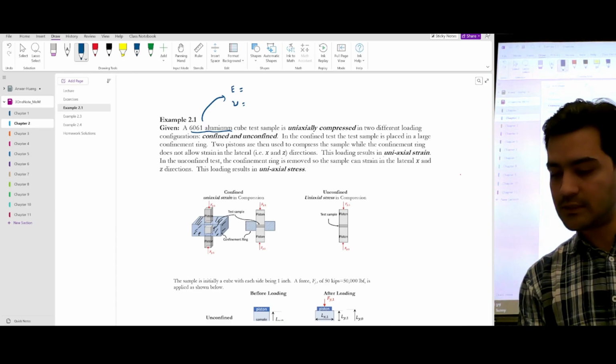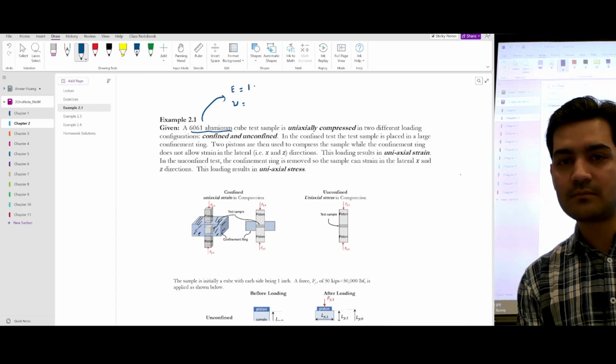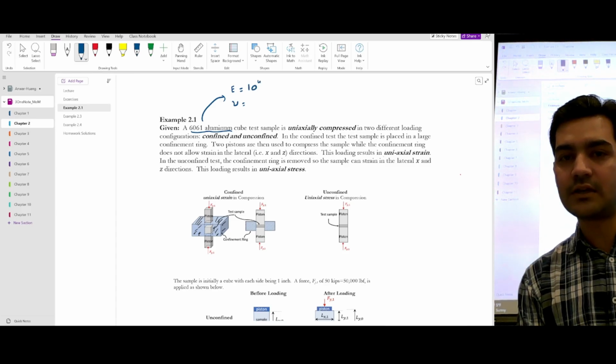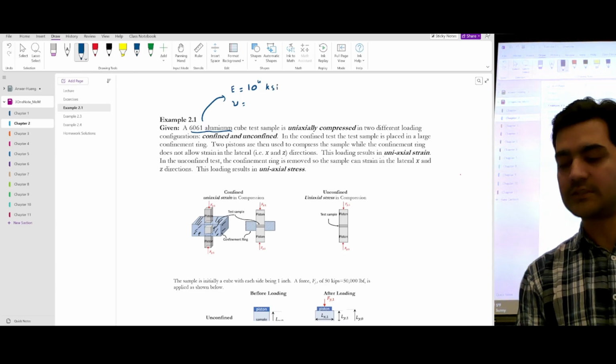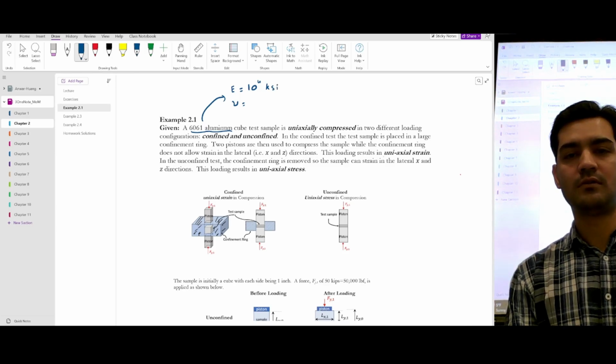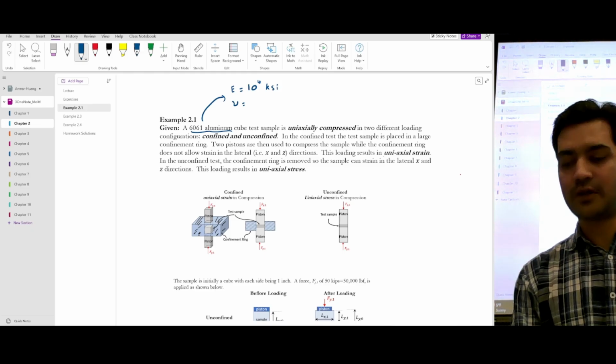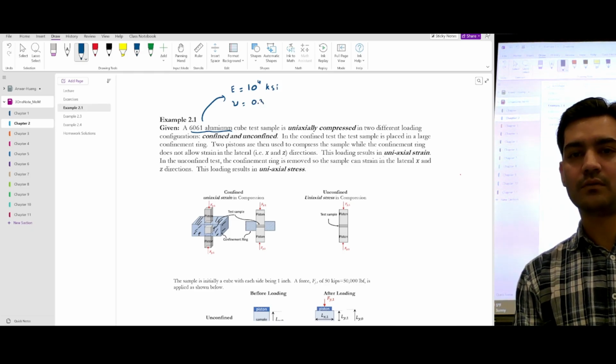So modulus of elasticity for this aluminum material is 10 raised to the power 4 KSI, which is kips per square inch. And the Poisson ratio is 0.33.